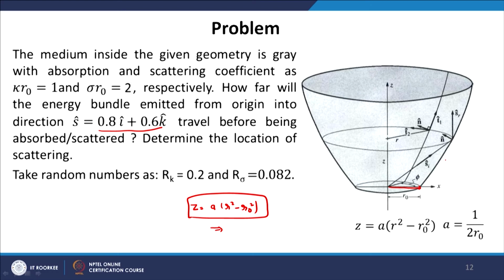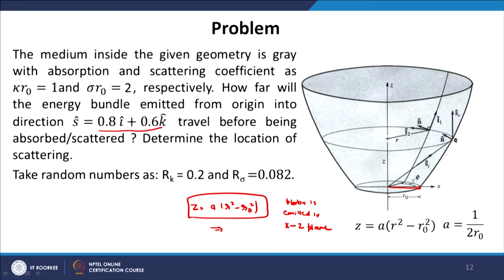So, photon is emitted in the xz plane, and the direction is given as 0.8 i cap plus 0.6 k cap, and this photon hits this geometry at this location. Now, we have to find out whether the photon will be absorbed or scattered before it hits this surface.